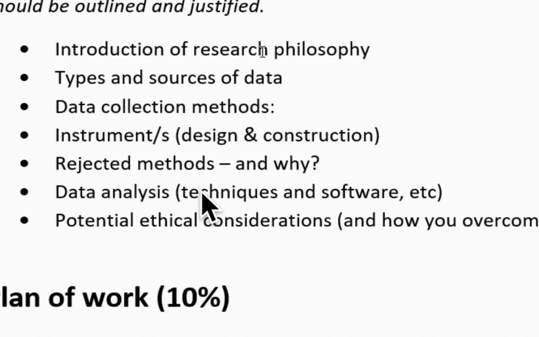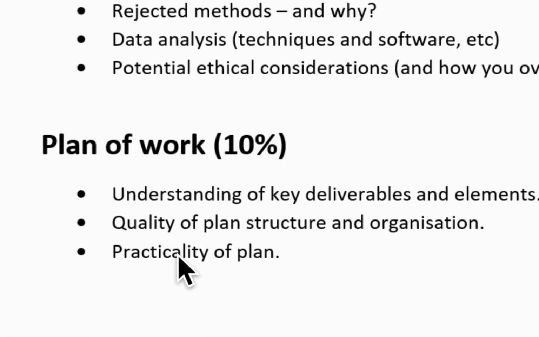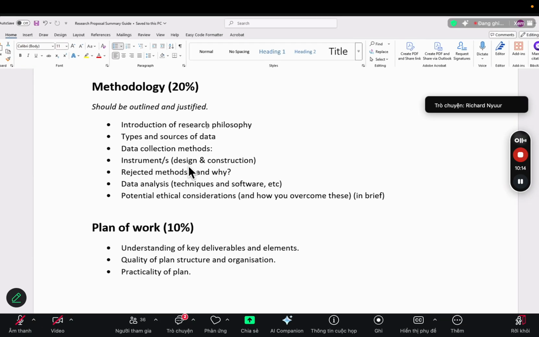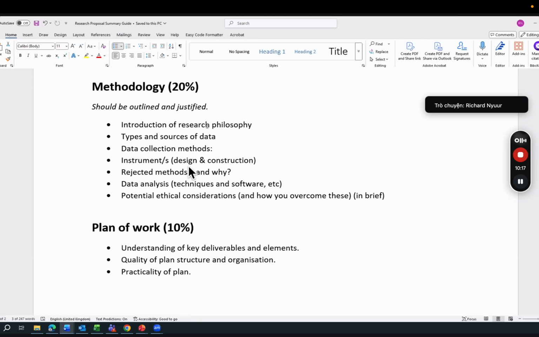And again, at this level, I'm going to talk about research philosophy today in detail, but I will add that you don't need to go into very, very extreme detail at this level. Remember, your word count is just 2,000. So at this stage in terms of proposal, you just need to introduce the research philosophy.